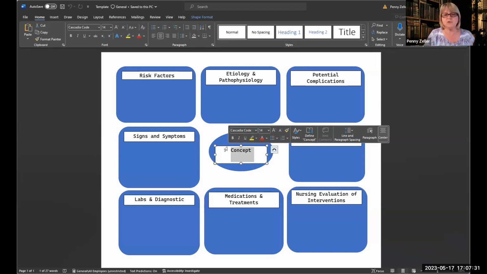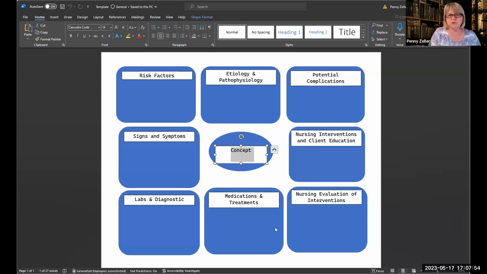And so risk factors, okay? What are some signs and symptoms of preterm labor? How do you know she's in labor? Or what are some diagnostics? Etiology, treatment, medication. What's our expectant management? Okay.